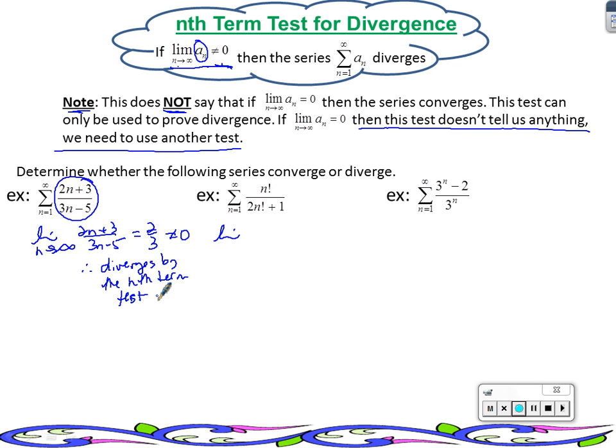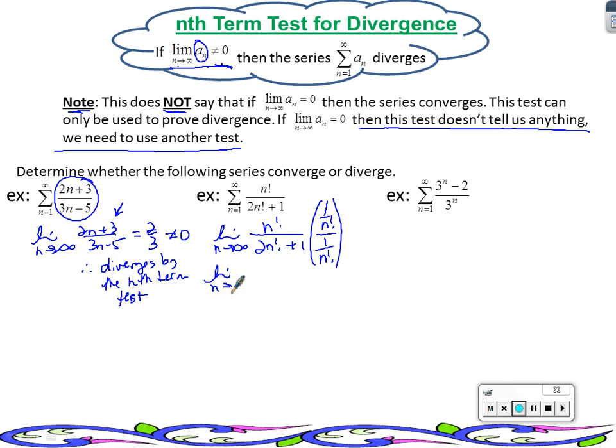You'd be done. That's the work that you would be expected to show if you use this test, and it works. So the limit as n goes to infinity of n factorial over (2n factorial plus 1). Our goal is always to get rid of the factorials. Actually, I'm going to do a version of this test that we used to do, just so I can show you what's going on. I would multiply by (1 over n factorial) over (1 over n factorial). That's like multiplying by 1.